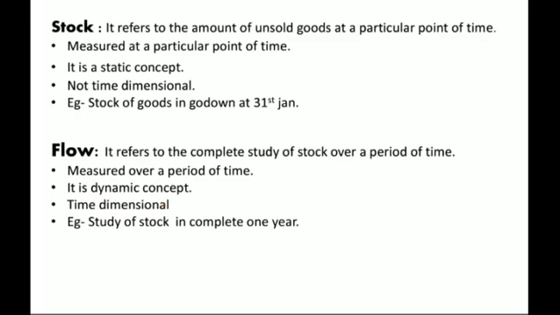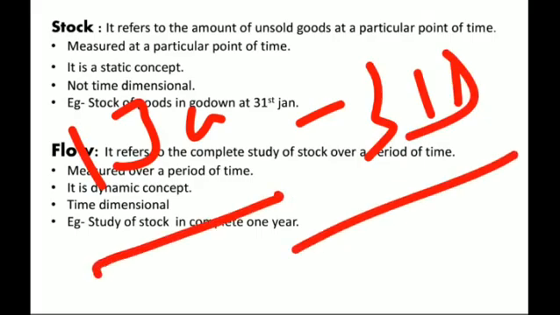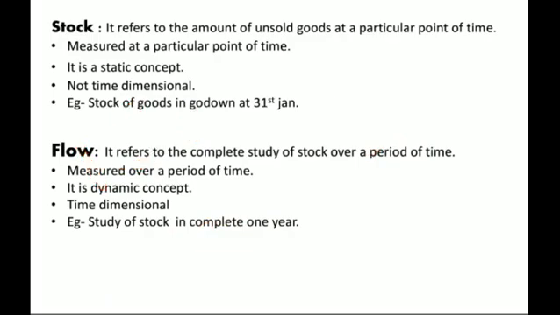In the morning the number of packets was 10, in the evening the number of packets is 3, so it is changing. And it is time dimensional. Now the example here is the study of stock in a complete year, from 1st Jan to 31st December: how many packets of biscuits were there, how many were sold, and how many are left at midnight of 31st December. So this is the basic difference between stock and flow.